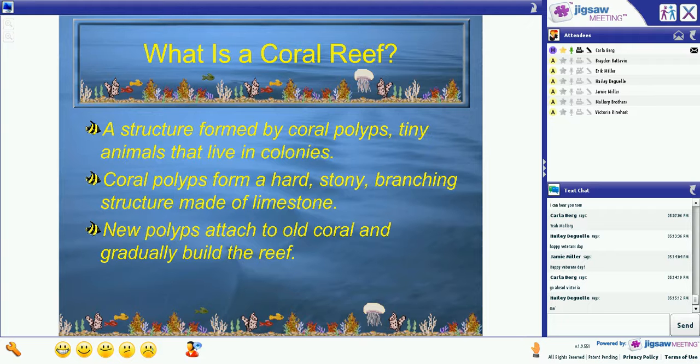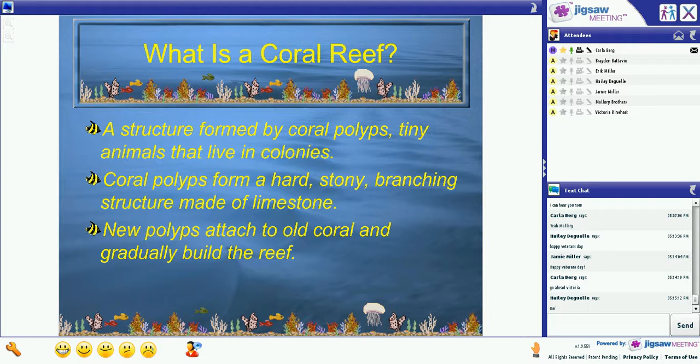All right, great job. Thank you guys for sharing your observations of coral reefs with us. Coral reefs are made up of coral, which at one point were live animals. Coral polyps, which I'm wondering if maybe some of you who are referring to barnacles are talking about these coral polyps.